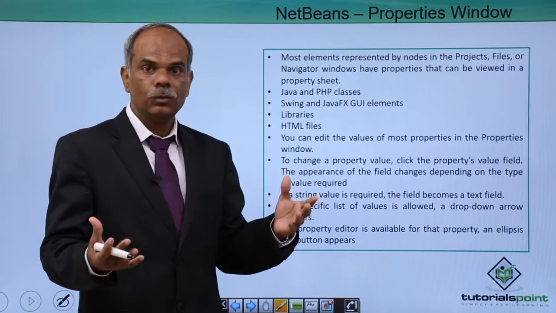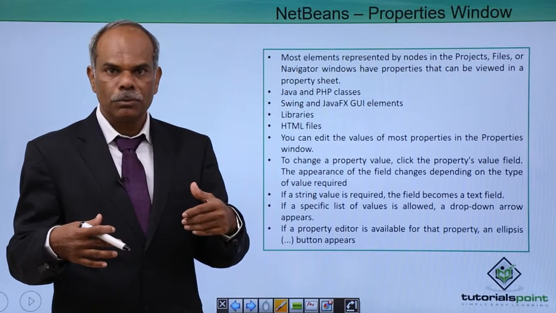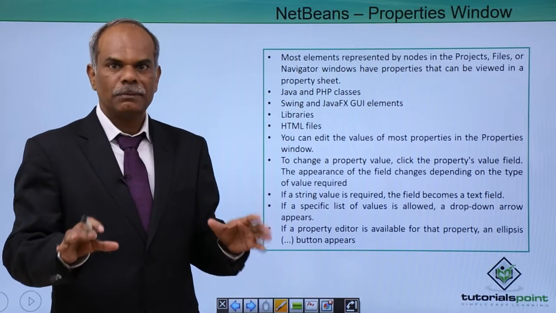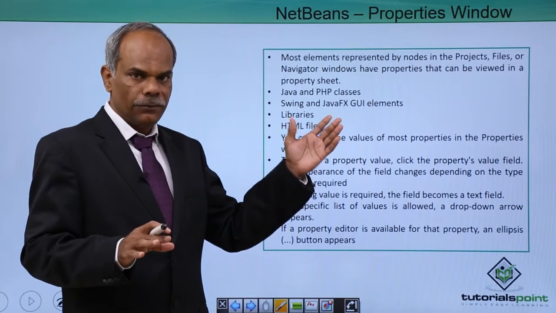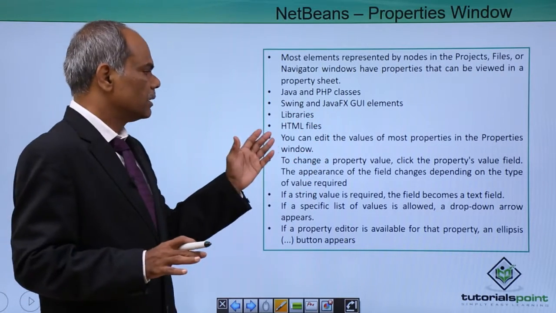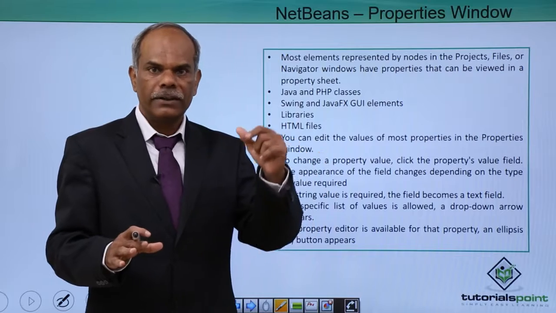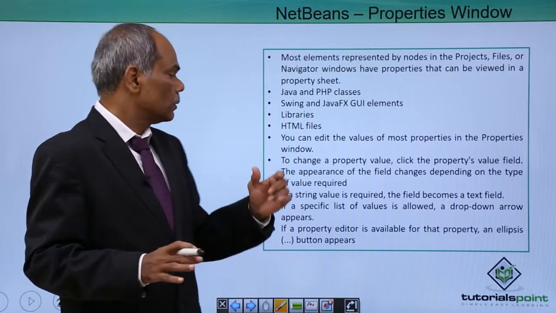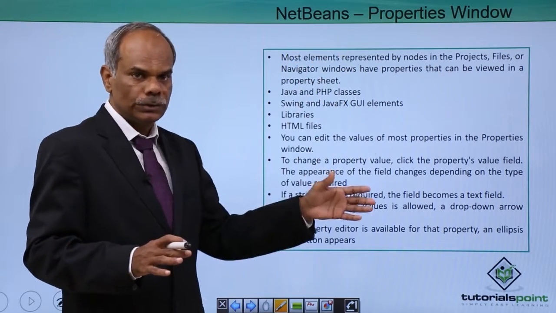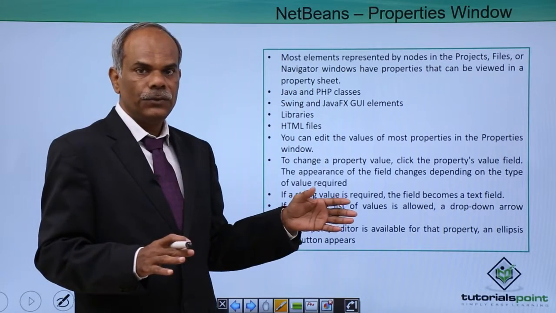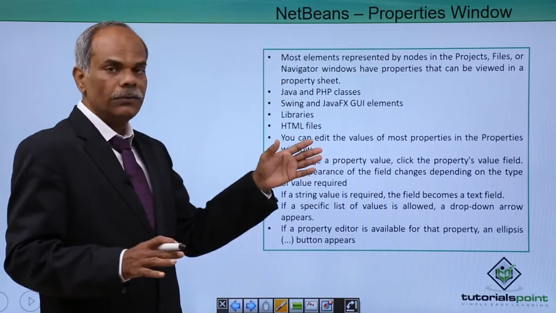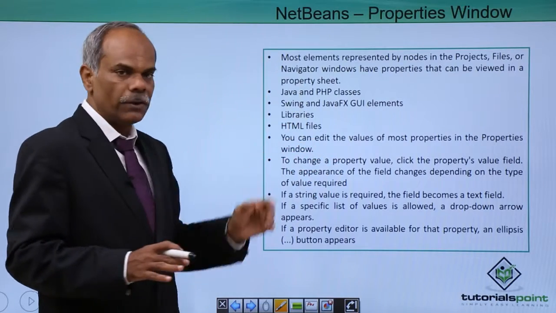Different libraries you may have incorporated in the class path of your project will also have properties. The HTML files will have different tags that can also be seen in the property sheet. So these property sheets will show the different properties of all these different objects.